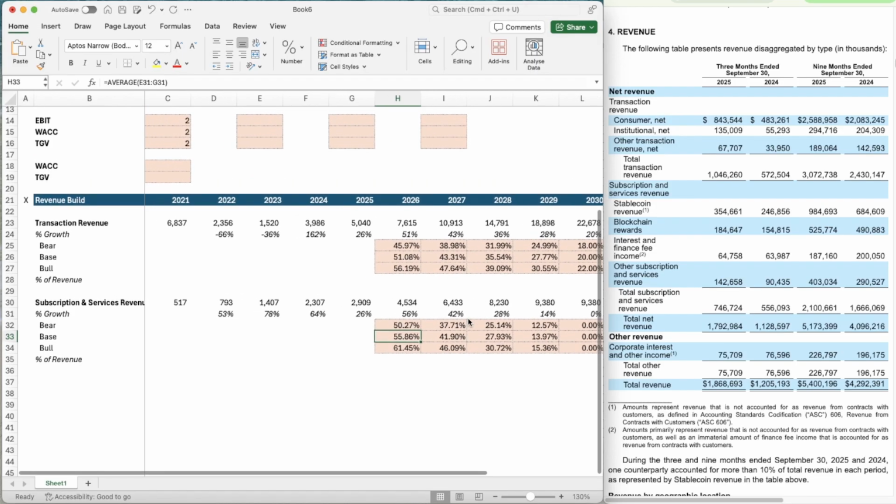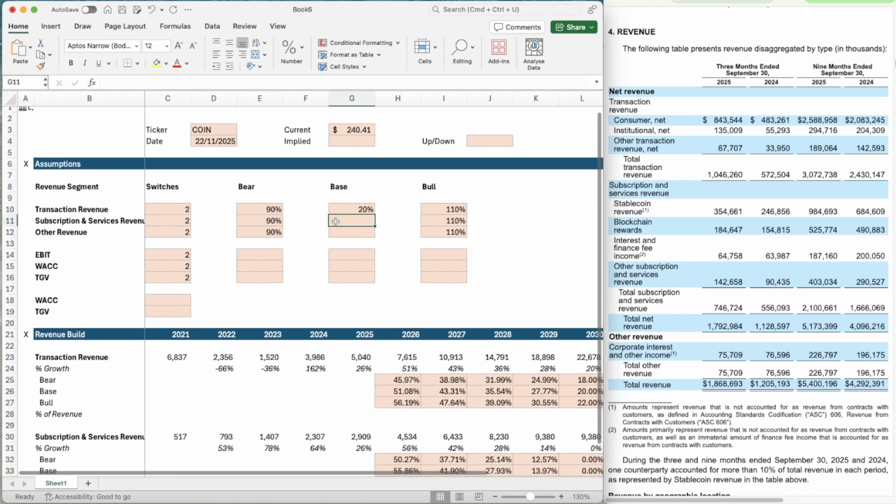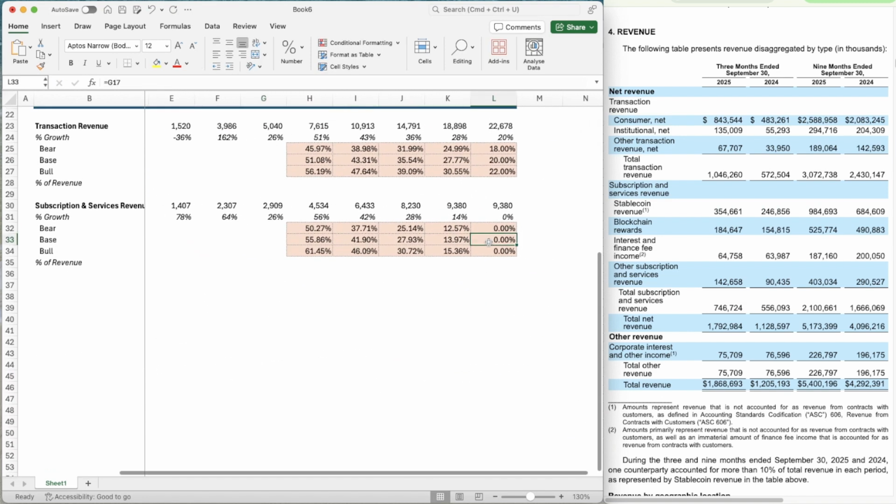Okay, looks good. And this one is a very high growth rate. Let's say it goes to 30%. So G7.